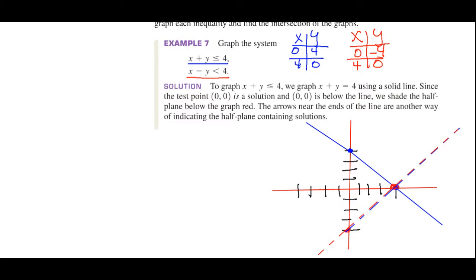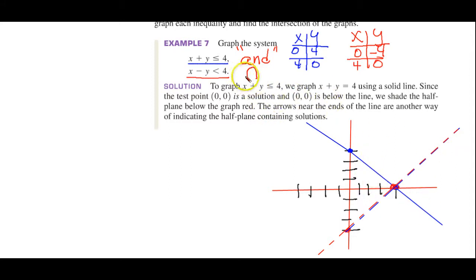Okay, now I'm left with, what are we doing here? Well, whenever we have systems of inequalities, the word is and. And what did we say and was? Intersection. So our solution region is going to be one of these 4 regions. Okay? That's what we're looking for. Where do they intersect?